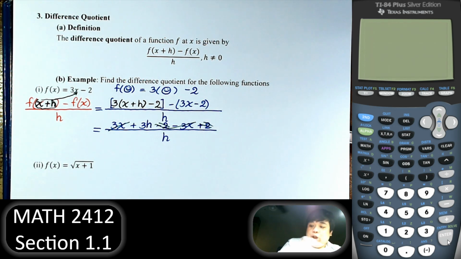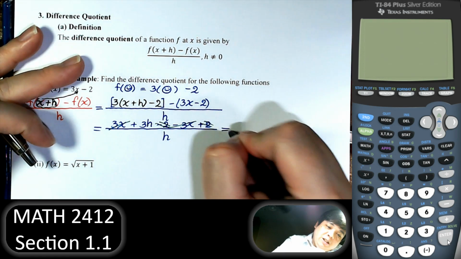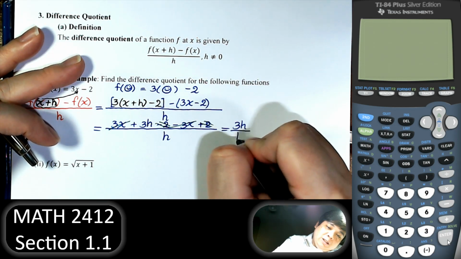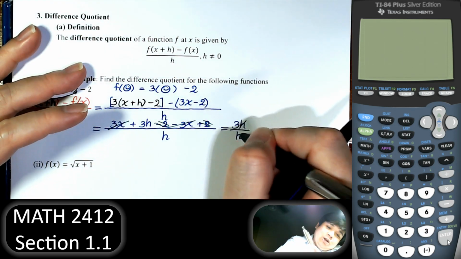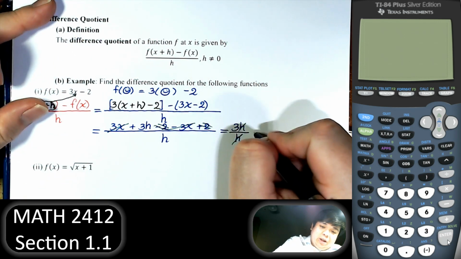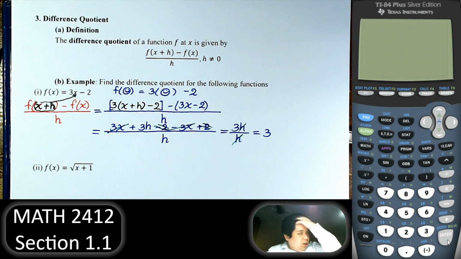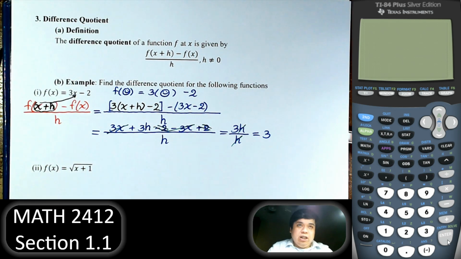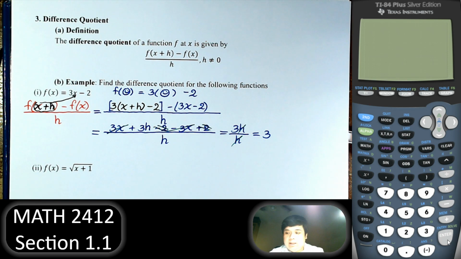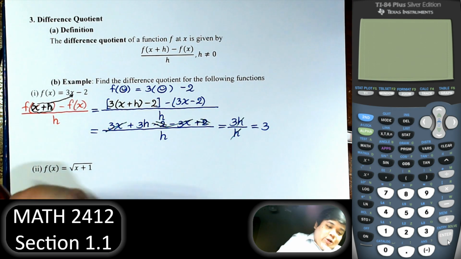So we just have 3h over h, and then the h cancels out. We have 3. So the difference quotient for that function is 3. Simple enough, right? Let's try a few more.